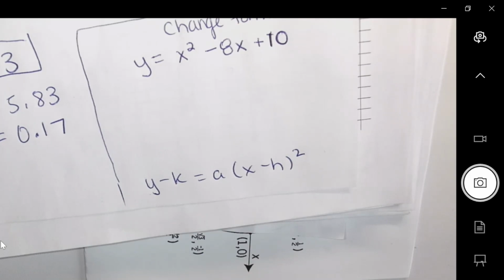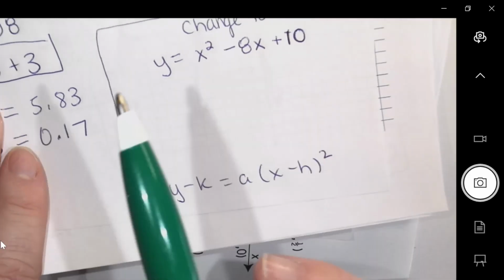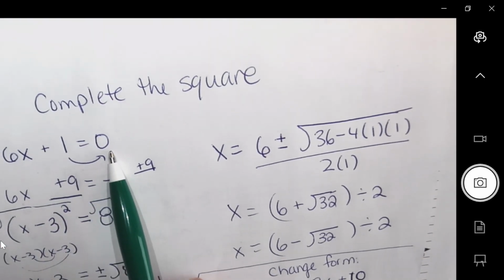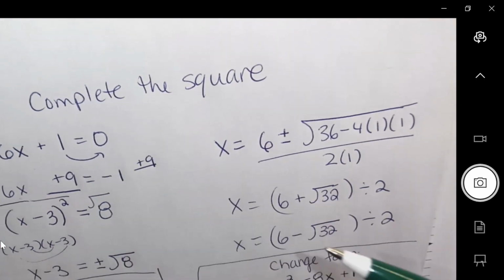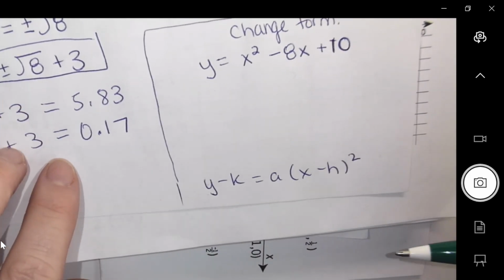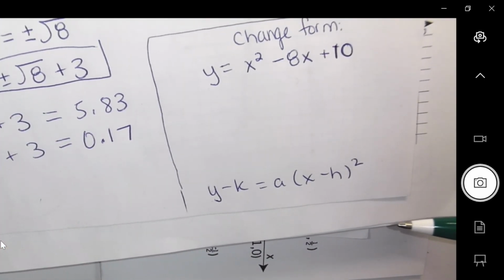We did this one in the first unit actually. The only difference here is that there's a y involved, and the last time y was 0, so it was a number. This time y is not a number, so it's still just going to be a y.